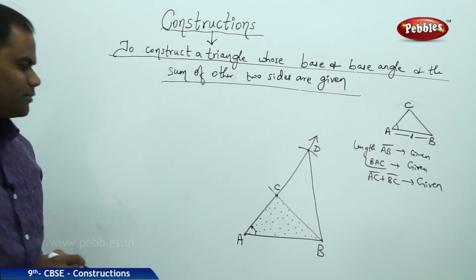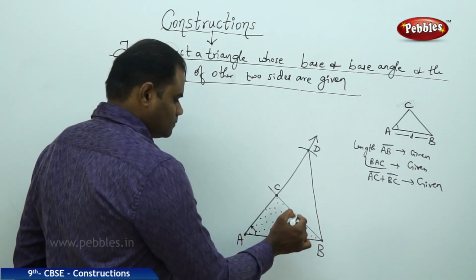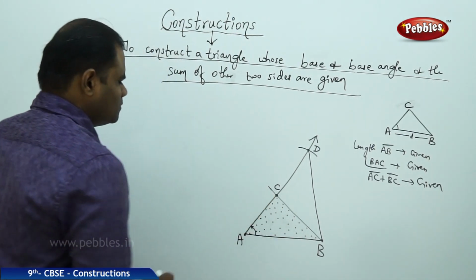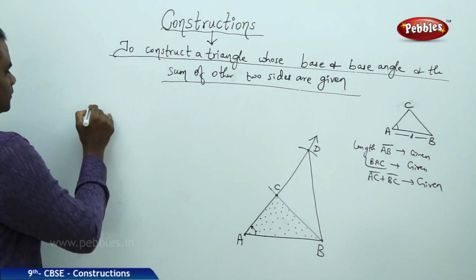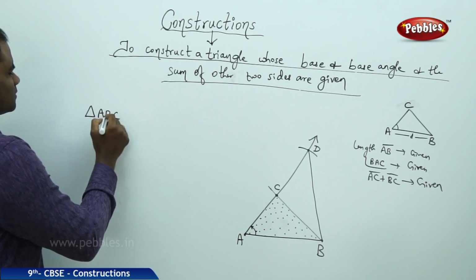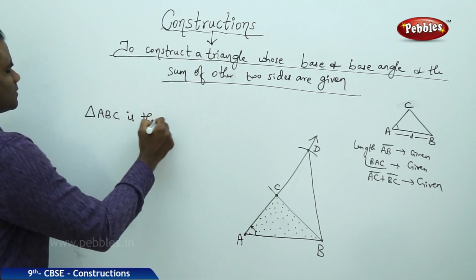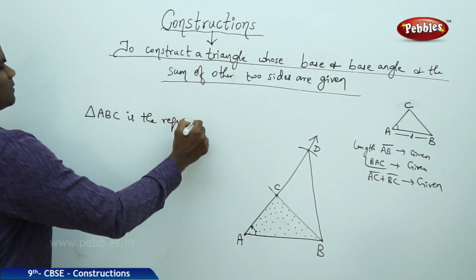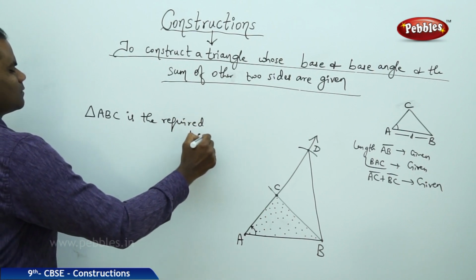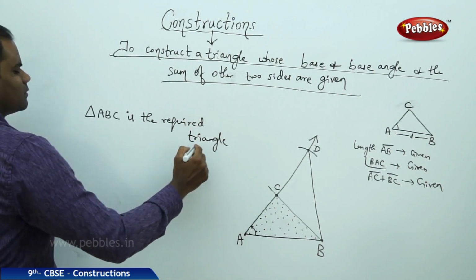So this is the triangle. Triangle ABC is the required triangle.